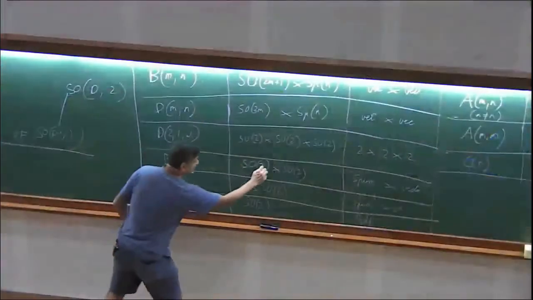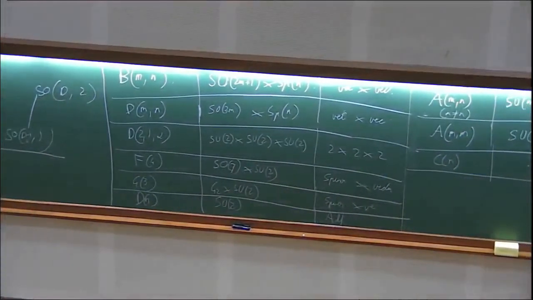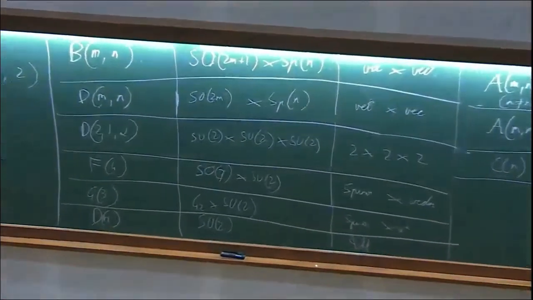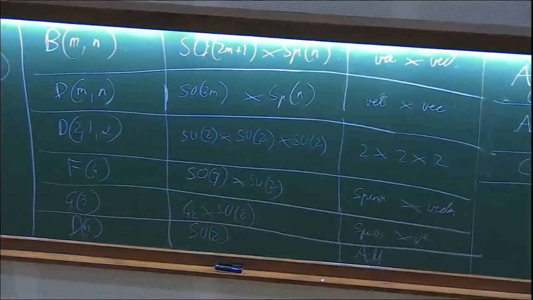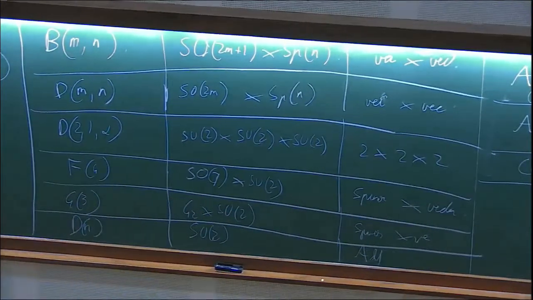The middle column is the bosonic subgroup of the Lie superalgebra. So let's look at supersymmetry. In the supersymmetry algebra, the bosonic subalgebra was just the Poincare group, and the fermionic generators were the supersymmetries.